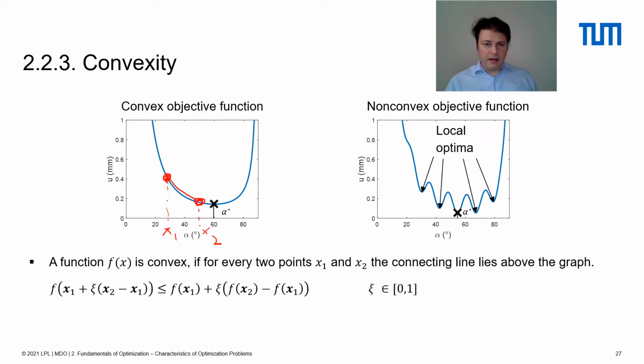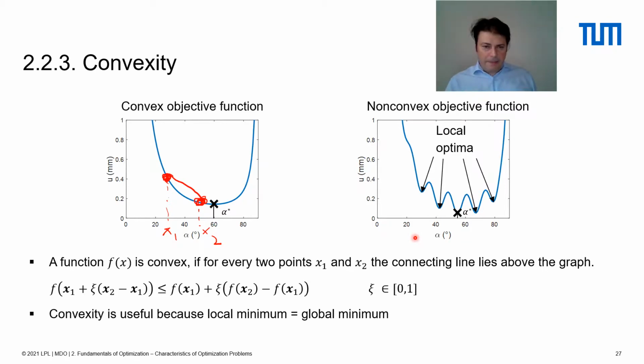Then any straight line connecting these 2 points, well, let's pretend that this is a straight line, would be above the function value, okay? And this expression on the right-hand side would just represent the values on this line for a point between x1 and x2. And this has to hold for any choice of x1 and x2. And if this is given, then you call a function convex.